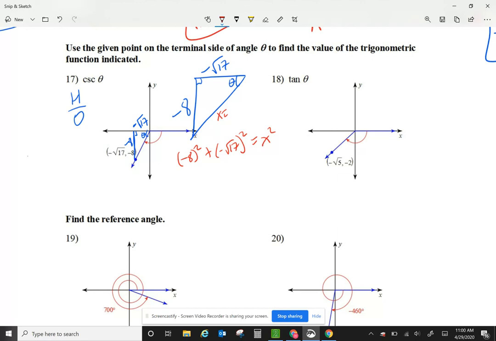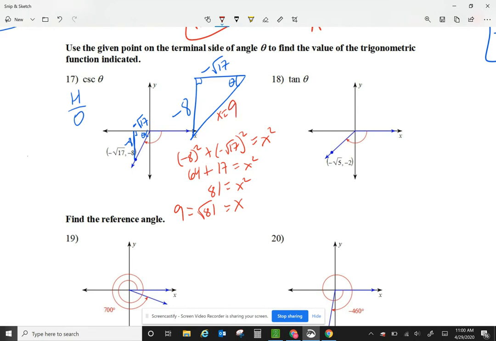Negative 8 times negative 8 is positive 64. Now in this other case, negative times negative is positive. Square root of 17 times square root of 17 is just 17. Now 64 plus 17, that's 81. So x is the square root of 81, which is better known as 9.